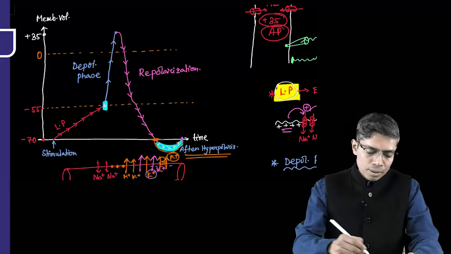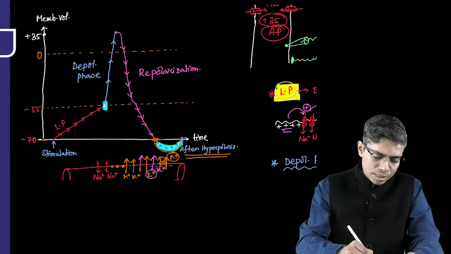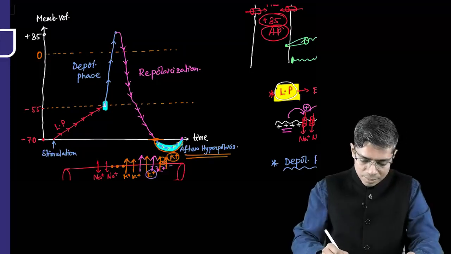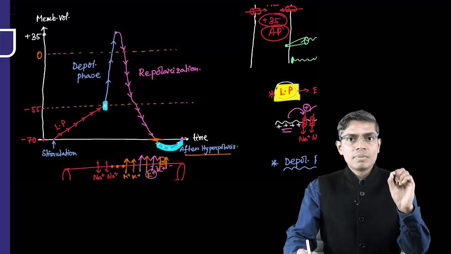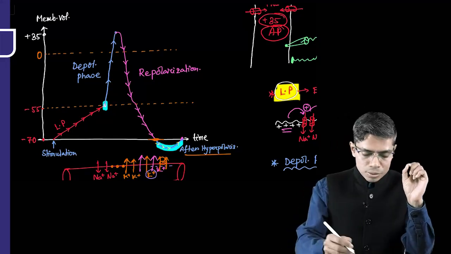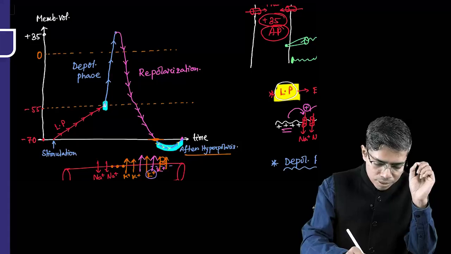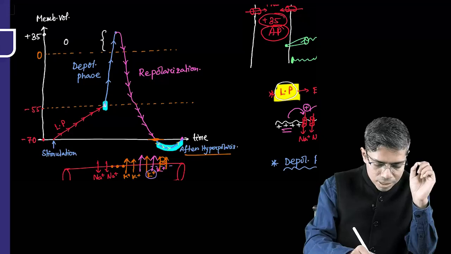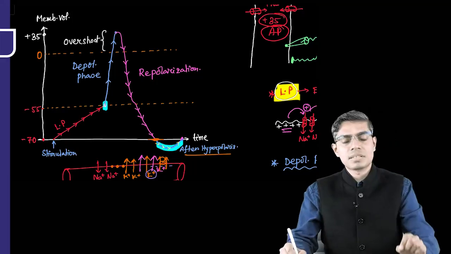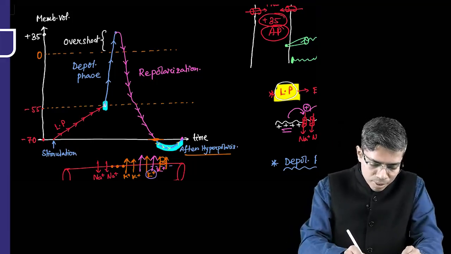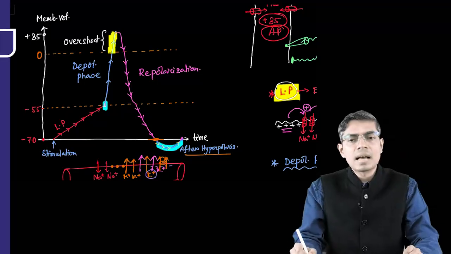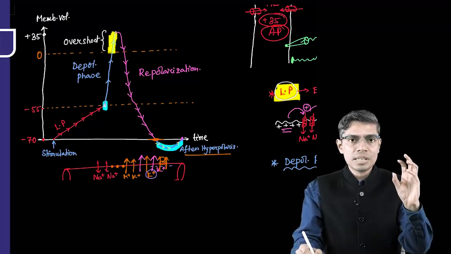Now apart from this, we also have to understand another two or three phases of action potential. The part of action potential which is above 0 volt, this is very simple, we have already discussed it earlier. This is known as the overshoot phase of action potential. It is a part of depolarization which goes above 0 millivolt.